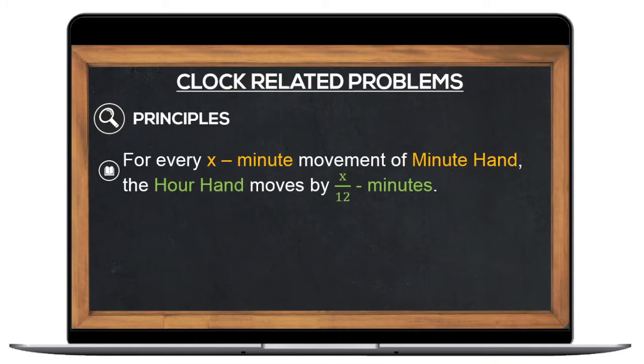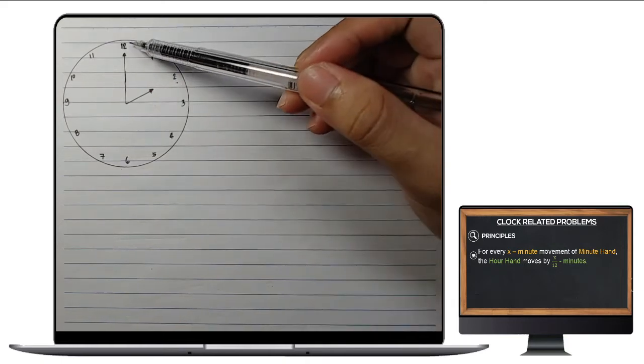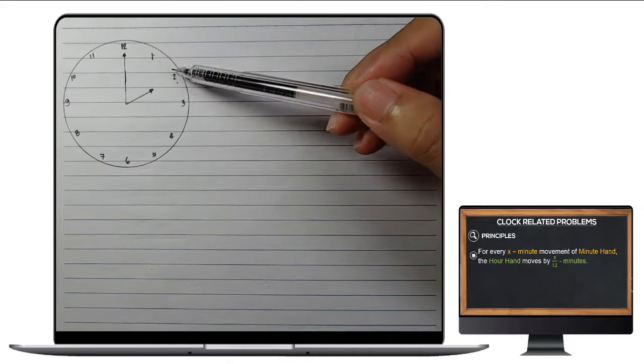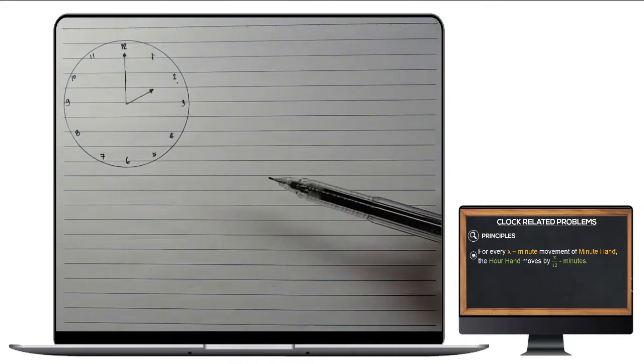So basically, yung clock natin, okay, so let's say we have a clock here. So basically, yung ating clock, so every movement dito or every distances natin, this is somehow measured in terms of minutes.